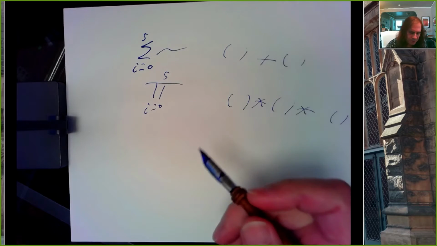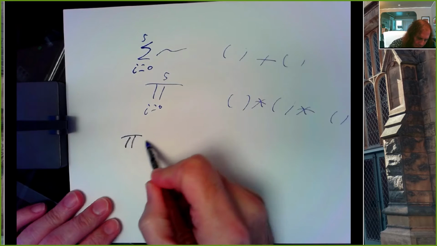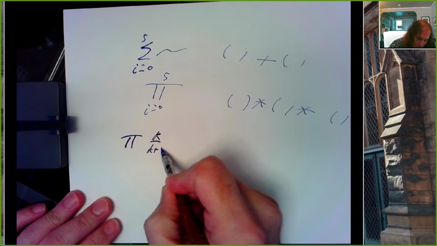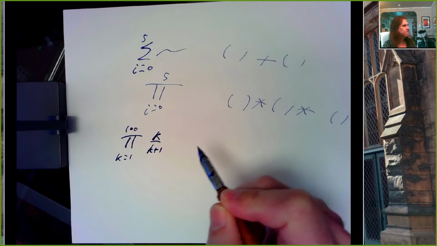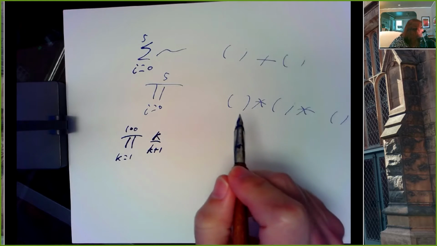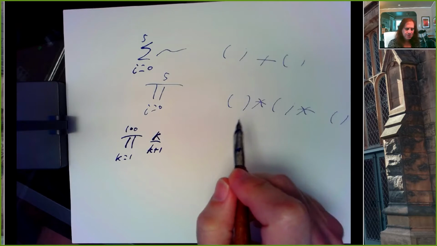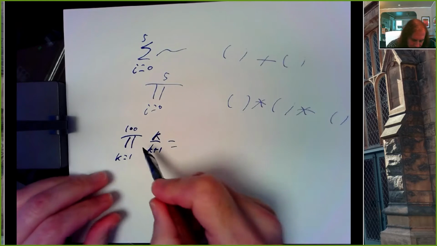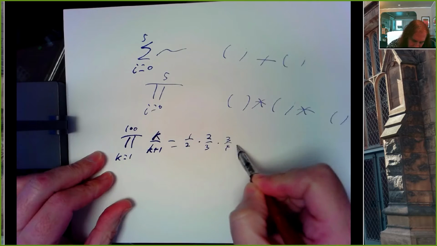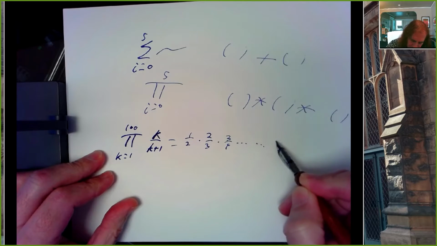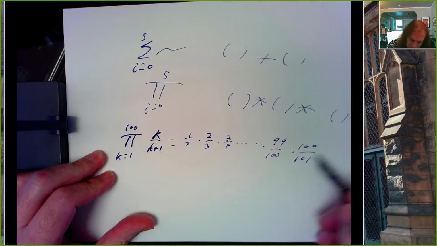Part B of that was this product, k over k plus 1 from k equals 1 to 100, I believe. And my note on there said it's relatively straightforward. Think about it and try not to do too much work. So write out the first few terms. This is 1 over 2 times 2 over 3 times 3 over 4 times 99 over 100 times 100 over 101.